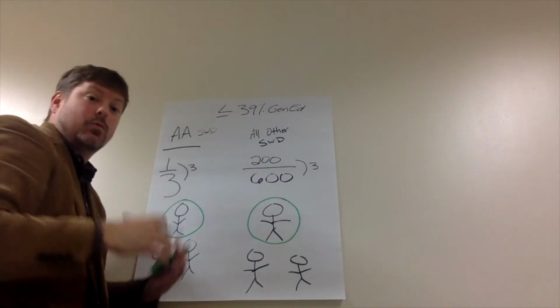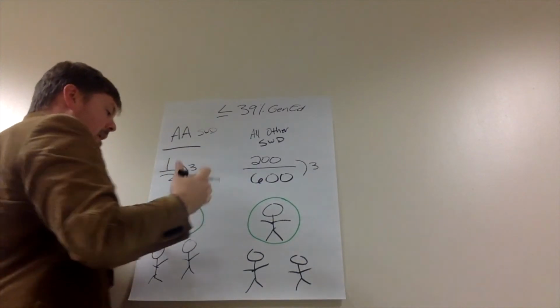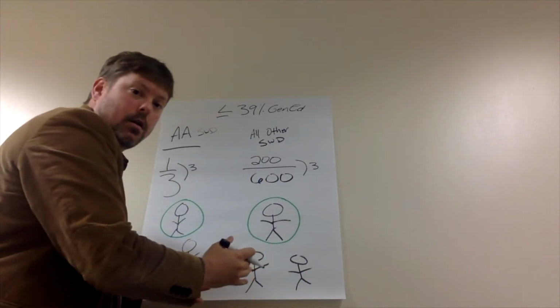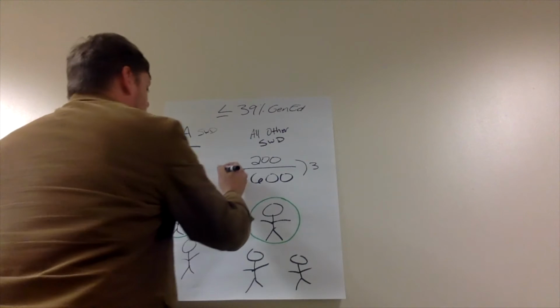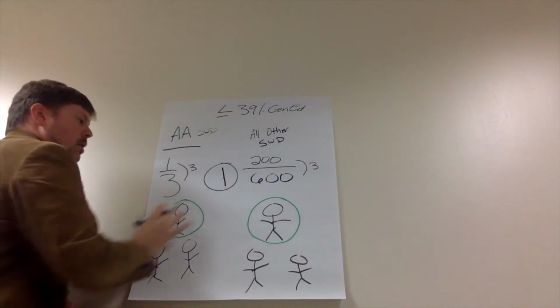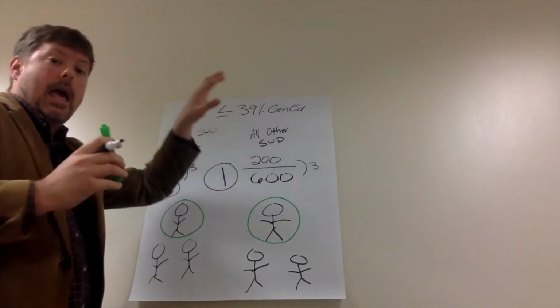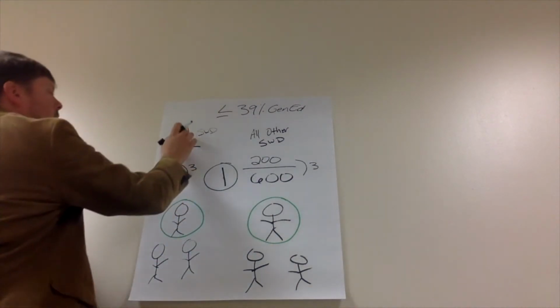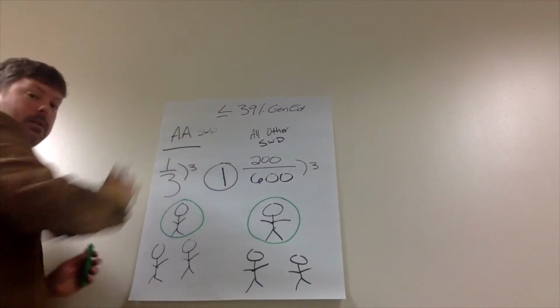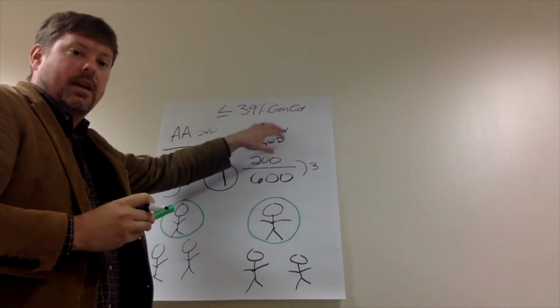What we know is that is 1, right? These are equivalent. So we are proportionate. We have a risk ratio of 1 in this situation because we are applying this setting equitably between African American students with disabilities and all other students with disabilities within the LEA.